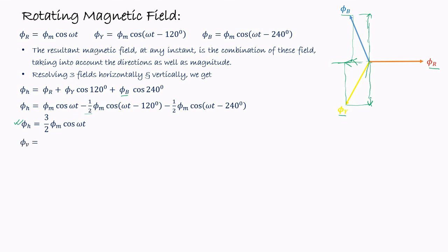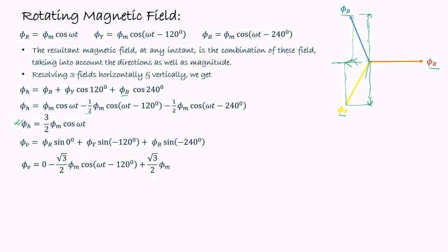Now, similarly, the vertical component, that is phi r sine 0 degree plus phi y sine minus 120 degree plus phi b sine minus 240 degree. Again, put the value of phi r, phi y, and phi b, and after simplification, the vertical component will be 3 by 2 of phi max sine omega t.